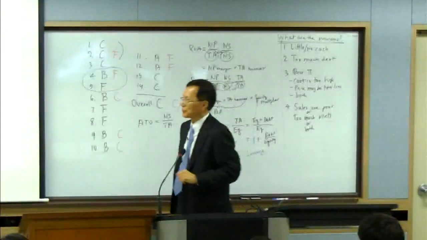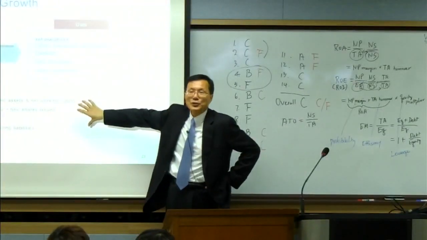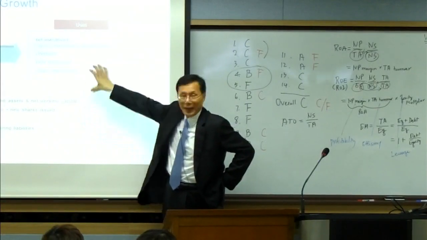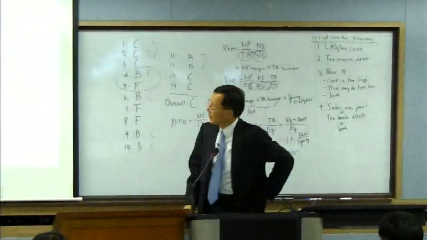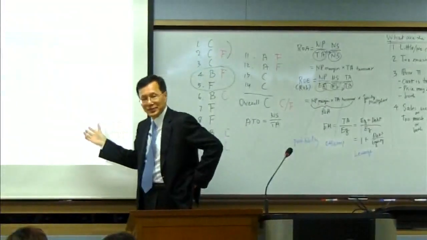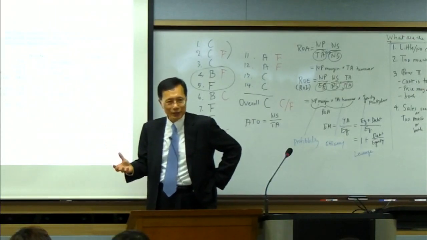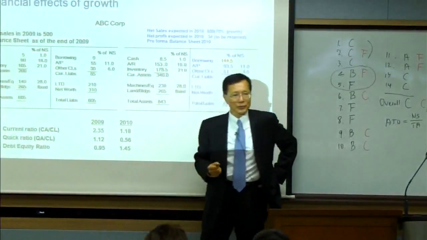Now, the last pages. This is not in your class note, but the next note, class note number 4, has this and the following page. This is the case that I will be discussing. Another case, an in-class discussion I will do. Here's a company called ABC Corporation.